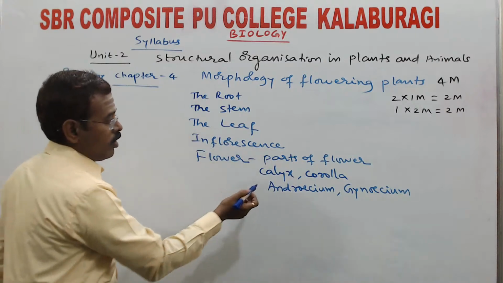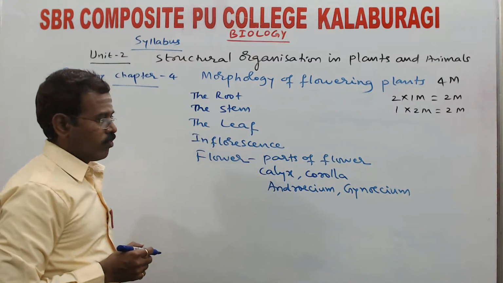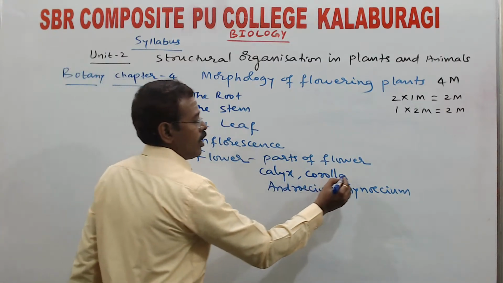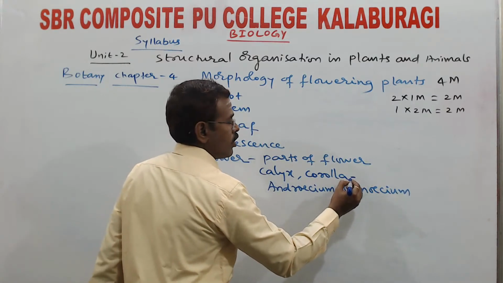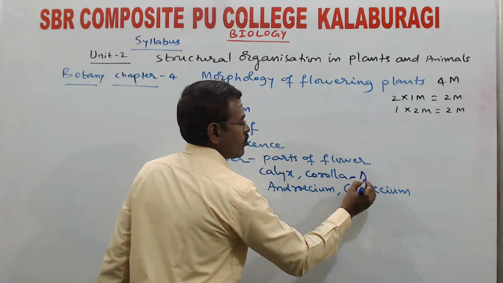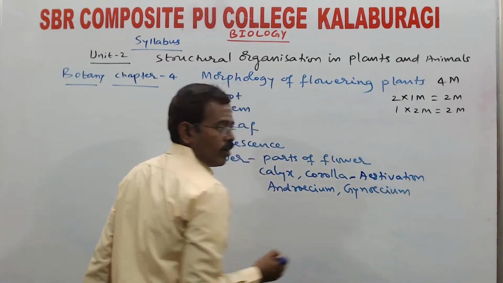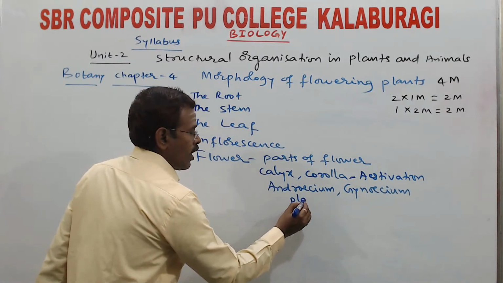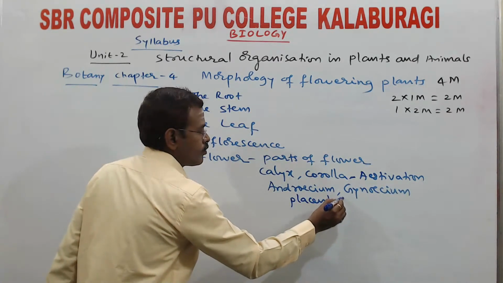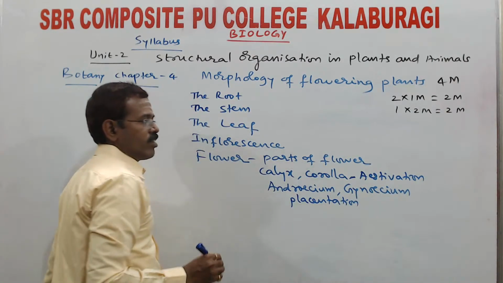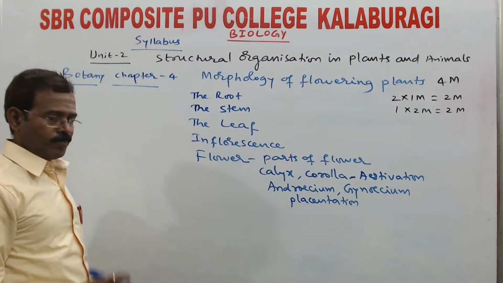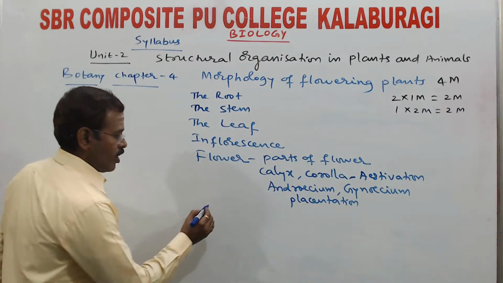So these are all the various parts of the flower. In calyx and corolla we learn about estivation. Then we learn about placentation.